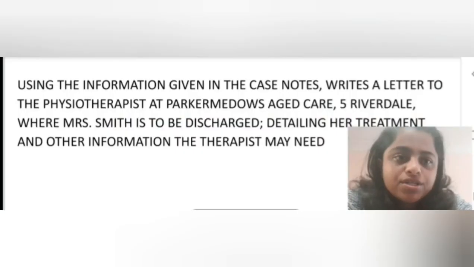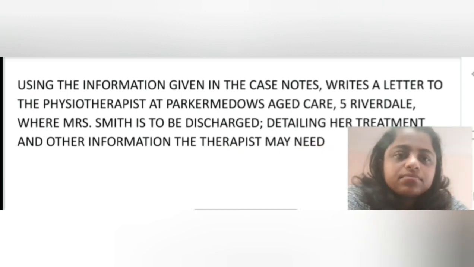Here we're going to look into a writing task again. Using the information given in the case notes, write a letter to the physiotherapist at Parker Meadows Aged Care, 5 Riverdale, where Mrs. Smith is to be discharged, detailing her treatment and other information the physiotherapist may need.